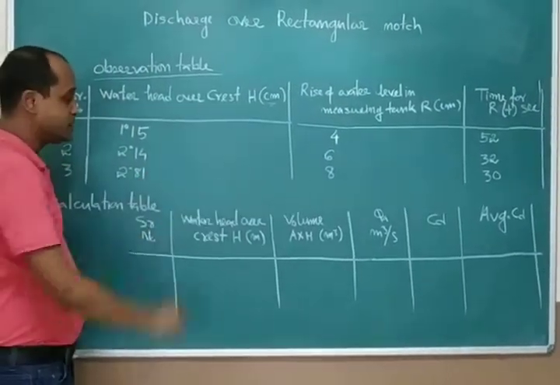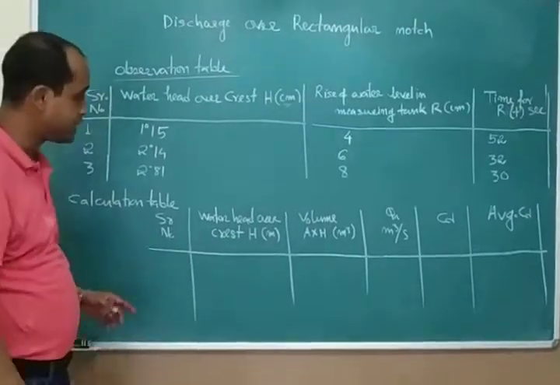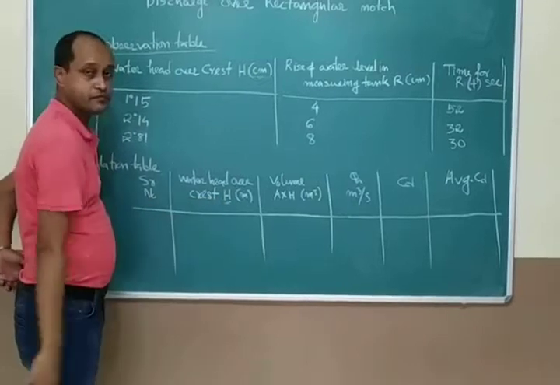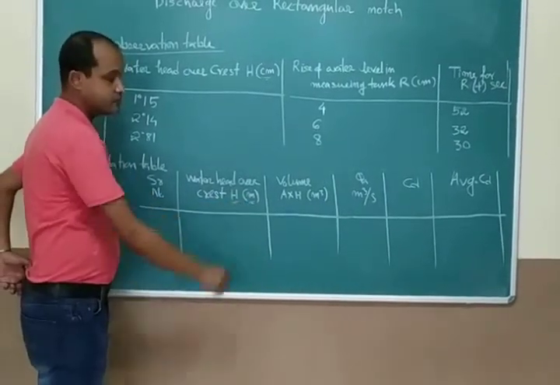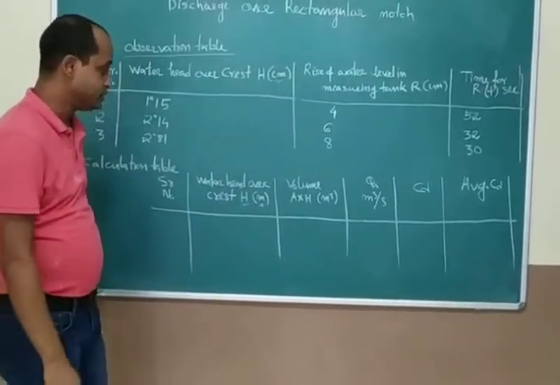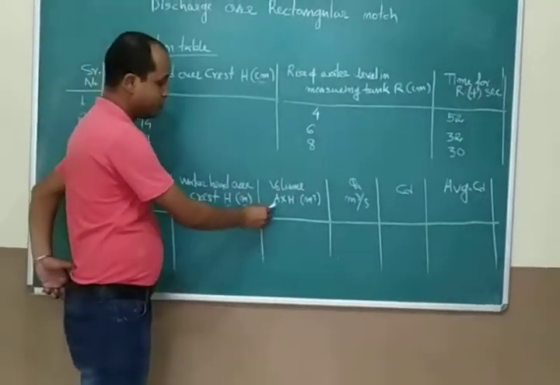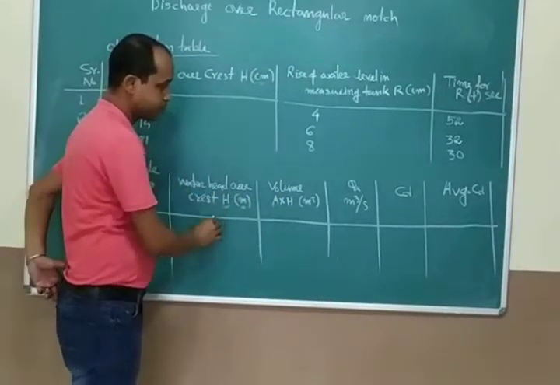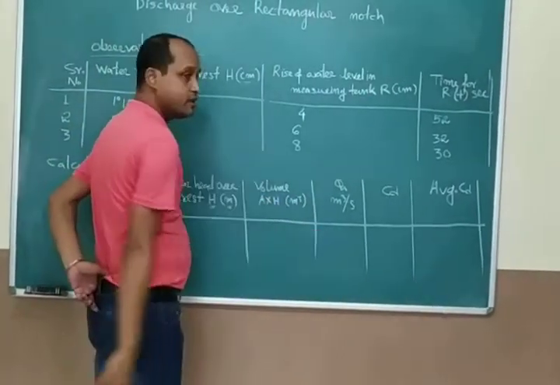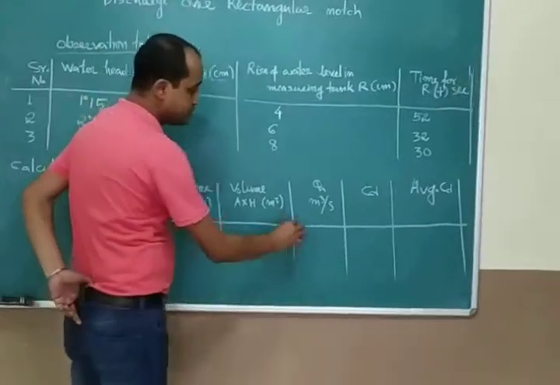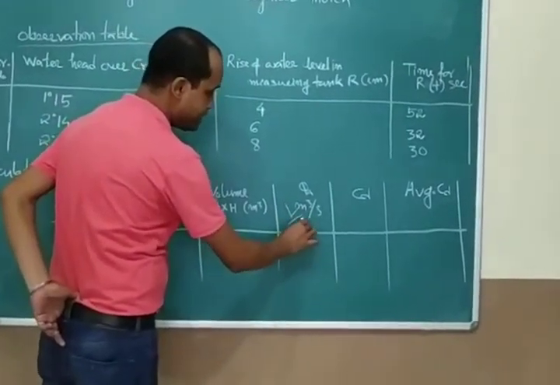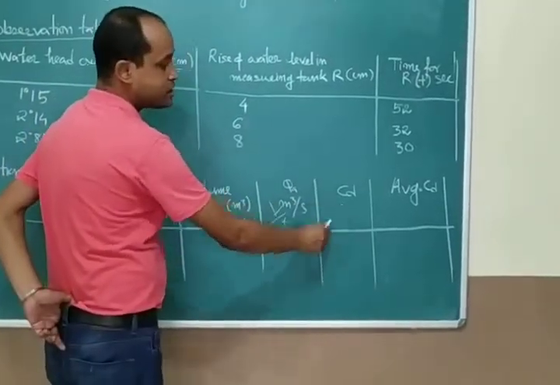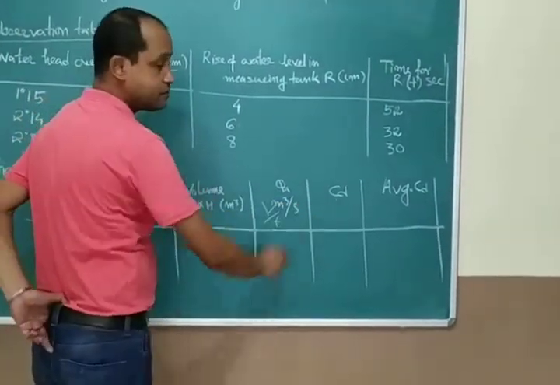After this observation table, you have to find out the calculation. For this calculation, again we require this H, here in terms of meter. The volume we have to find out: area is already given, 0.1 meter square, into R. Then you can easily find out the discharge Q, which is volume divided by T. Then you can find out the corresponding value of the coefficient of discharge.